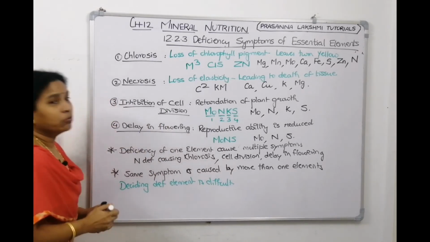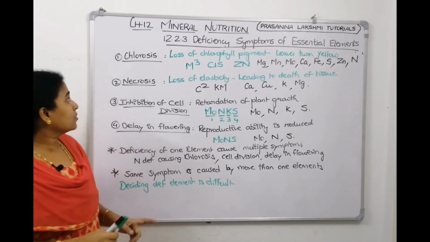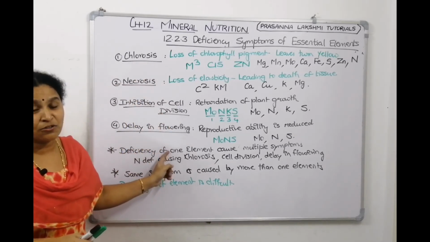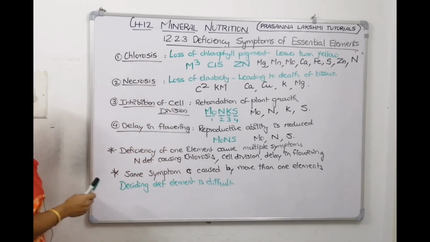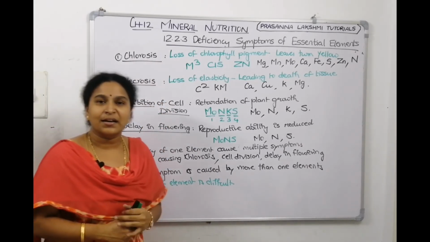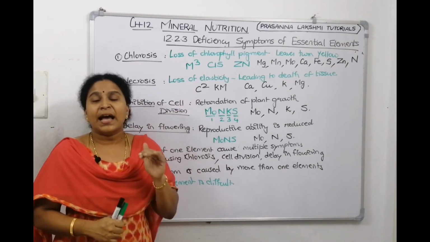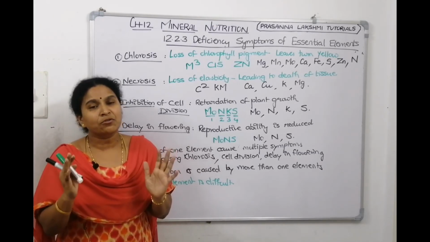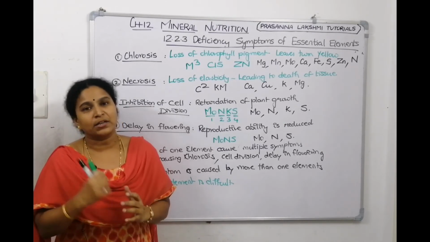How will you prove that nitrogen is deficient? You need to check that nitrogen should cause this also, this also, this also. If it is causing these symptoms, then it is the deficiency of nitrogen. Understood, children? We need to study all the deficiencies and compare with the standard tables, then come to a conclusion and say it is deficiency of so and so element.